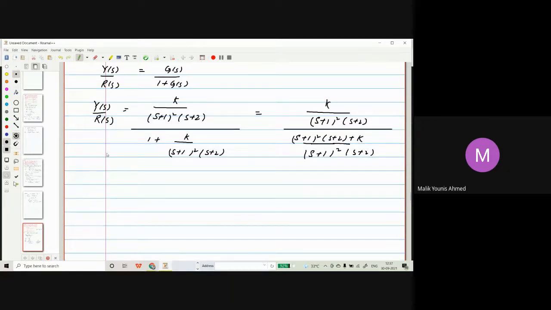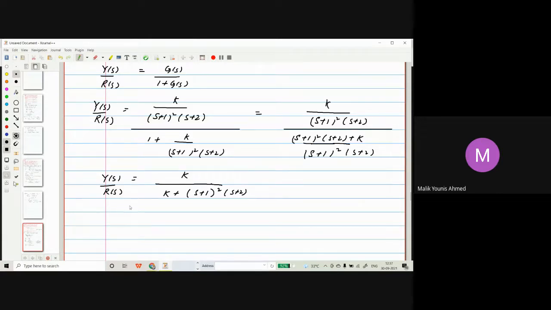So Y of s, I am doing every step for all the students because I know some students may be wondering what's happening. The denominator is (s plus 1) whole square into (s plus 2) plus k. So denominators will go.